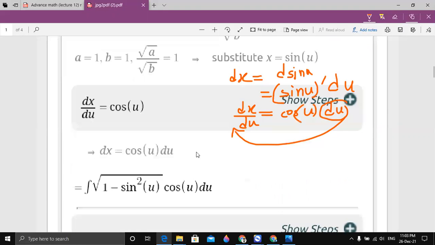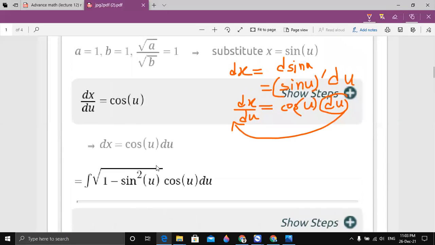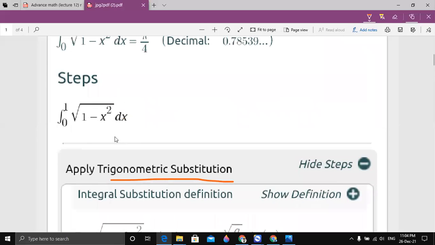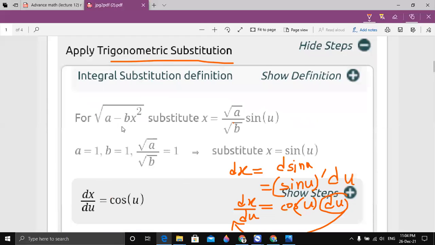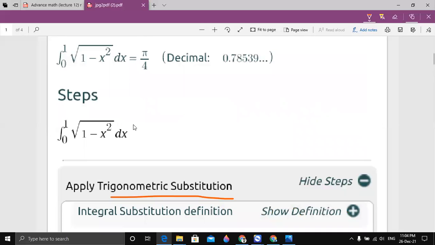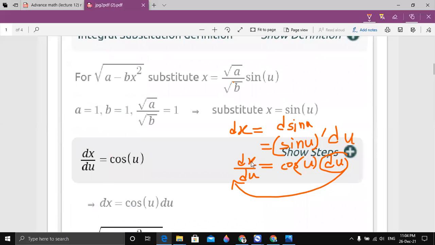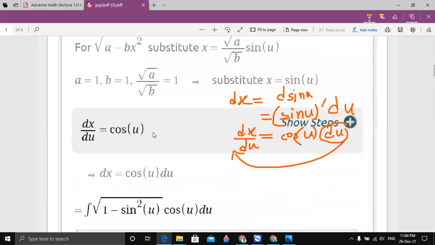And now we have to substitute u here, because dx by du will be cos u.